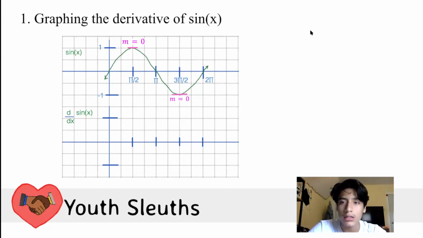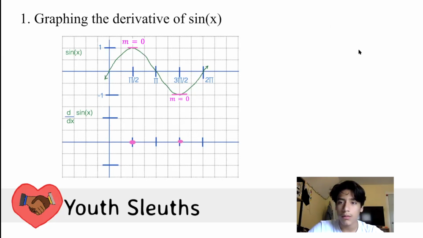And since there's an instantaneous slope of 0 when x equals pi over 2 and 3 pi over 2, the roots of the derivative of sine of x will be pi over 2 and 3 pi over 2.